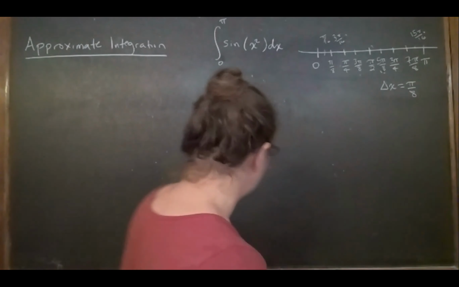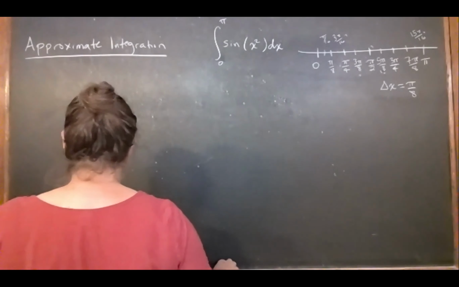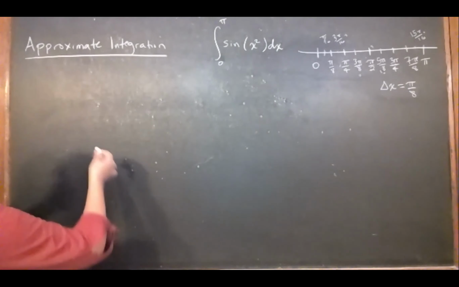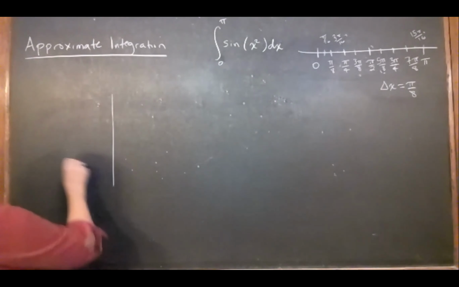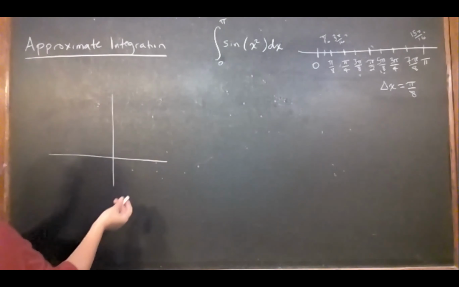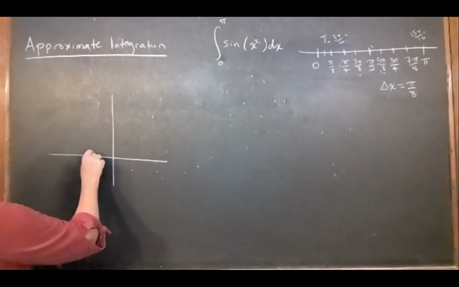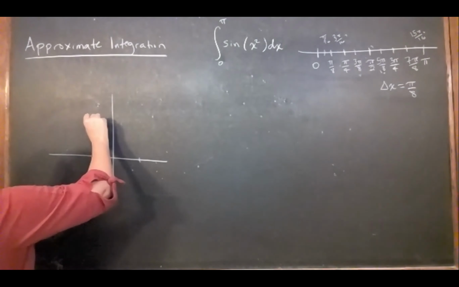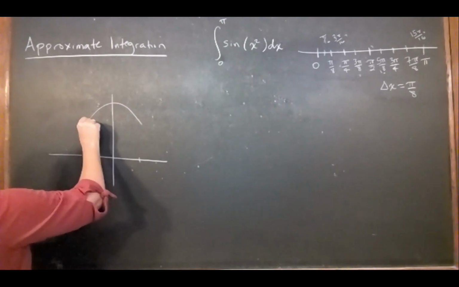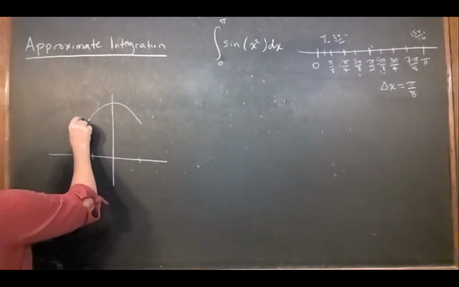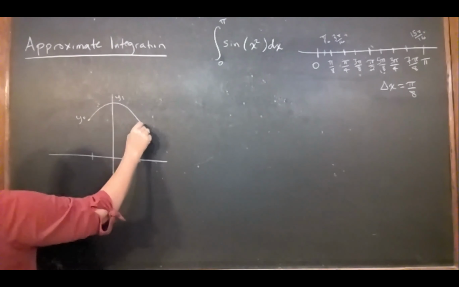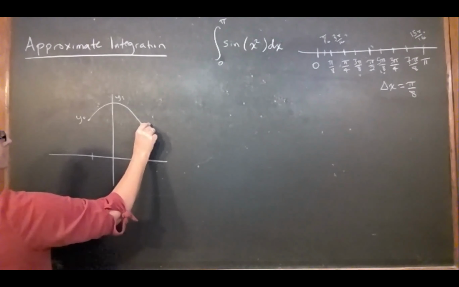In fact, I'm not going to do this, but it is linked in the Canvas extra materials. If I take some parabola, wherever it is, and we'll call the heights y0, y1, and y2.